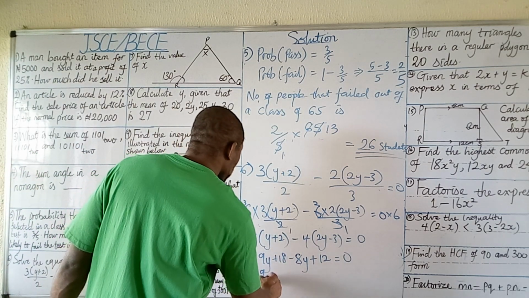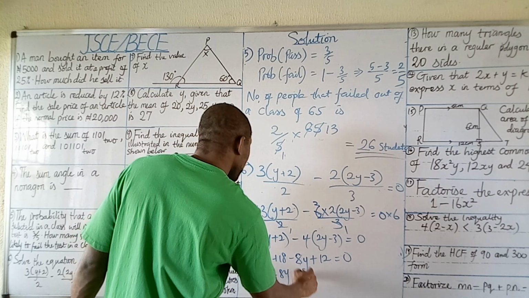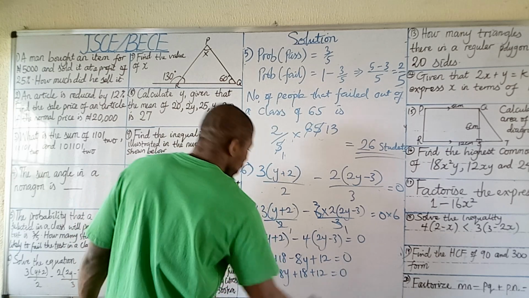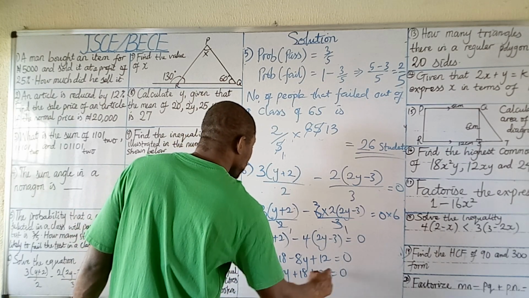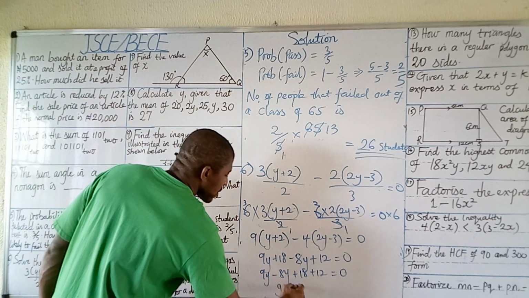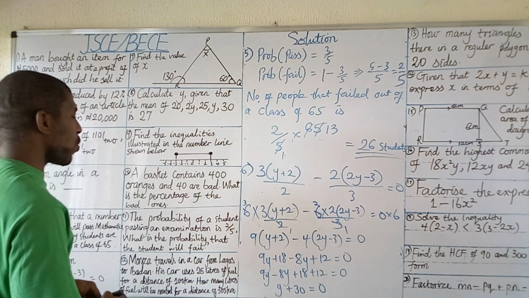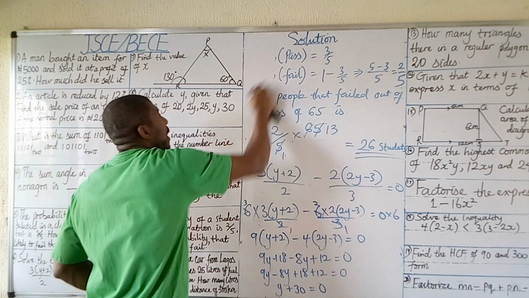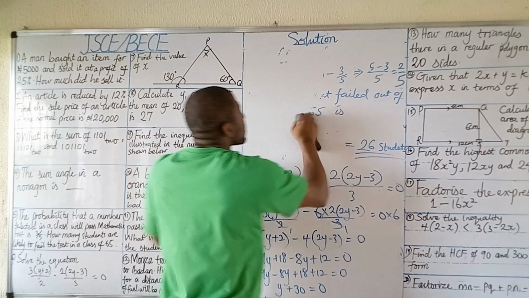It will now be 9y minus 8y plus 18 plus 12 all equal to 0. Okay, when that happens, I will have 9 minus 8 to give me y. 18 plus 12 gives me plus 30, all equated to what? 0. So having reached here, I'm going to subtract 30 from both sides. So let me erase here and then subtract 30 from both sides.